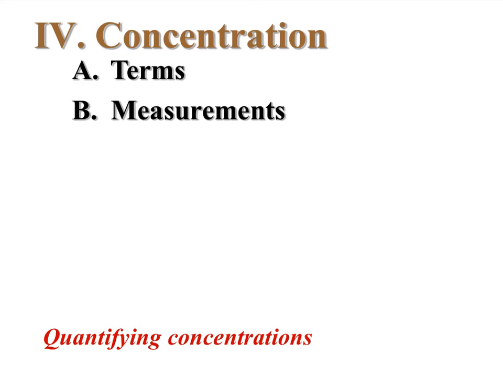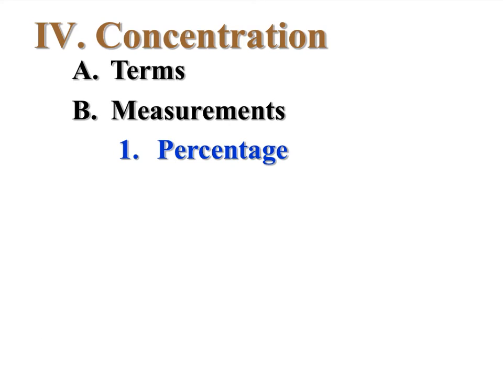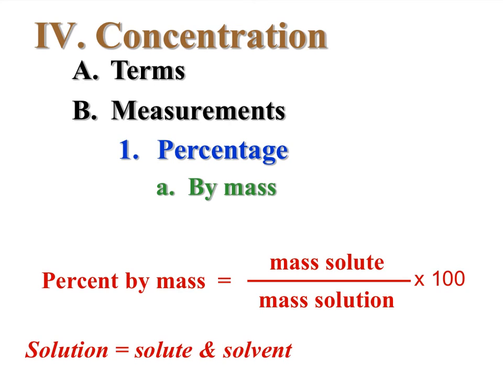So, how do we measure concentration? Percentage by mass. So that's one way. We take how much mass of solute and mass of solution, and we multiply times 100, and that's it. It's just that simple.